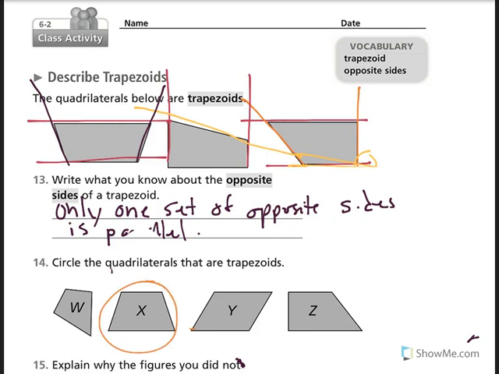Here we have two sets of parallel lines. So this is not a trapezoid, it's a parallelogram. And then right here, this set is not parallel, but this set is. So here we have one set of parallel lines, just one, exactly one, which makes it a trapezoid. All right.